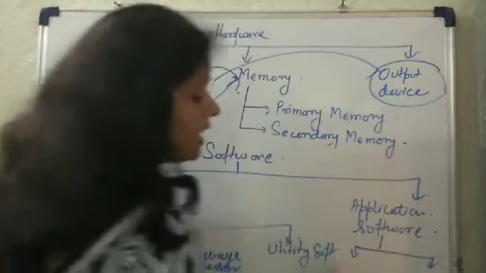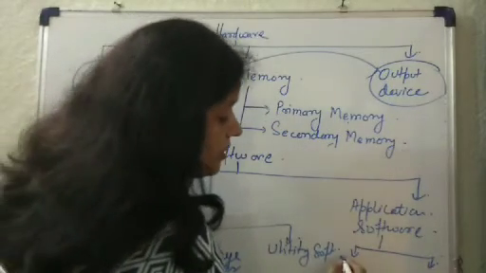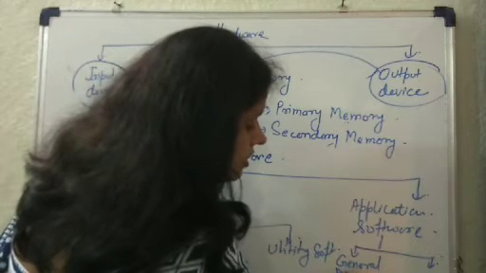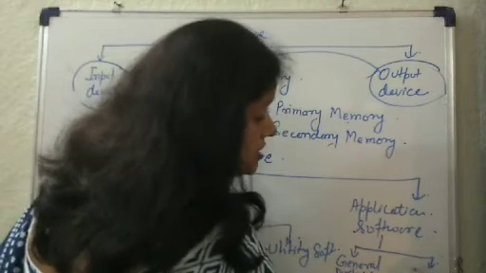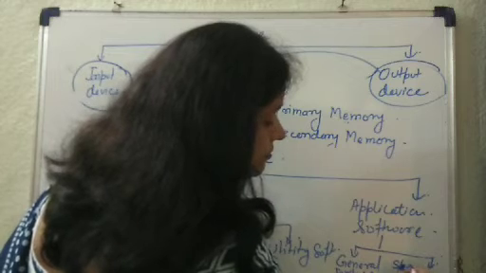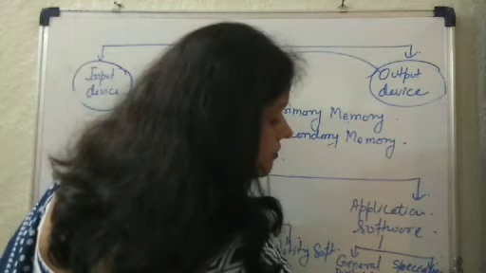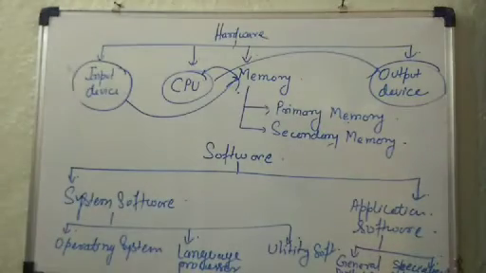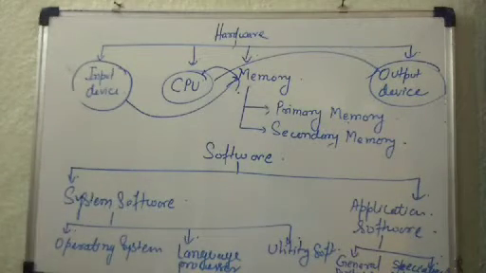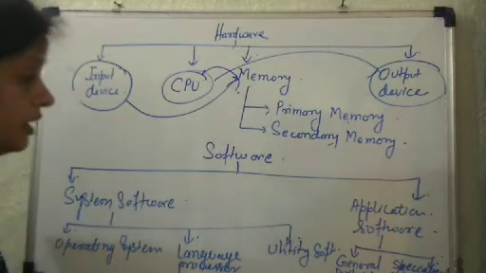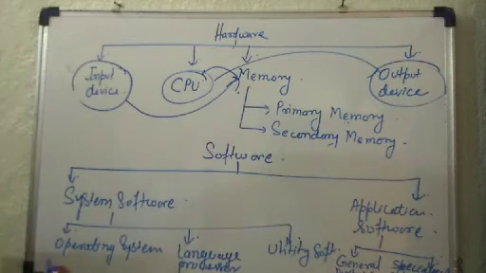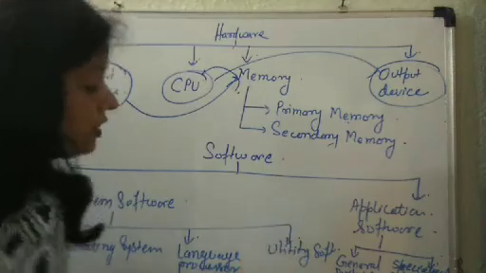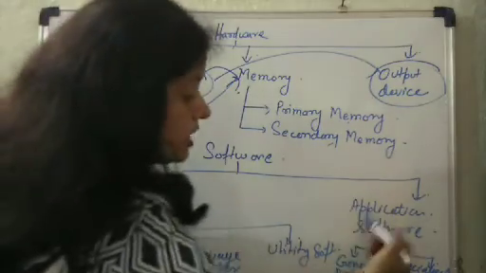Application software is of two types: one is general purpose, and another is specialized software. I'll explain these in detail when I explain the software: system software, operating system, language processor, and utility software, and application software as the other part.